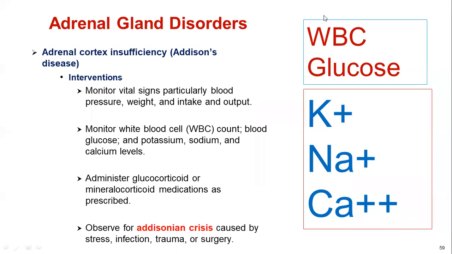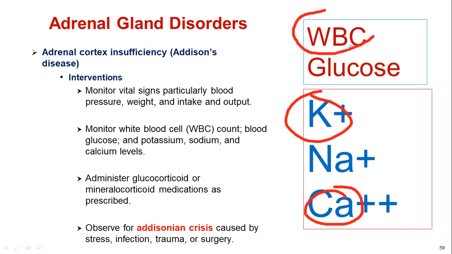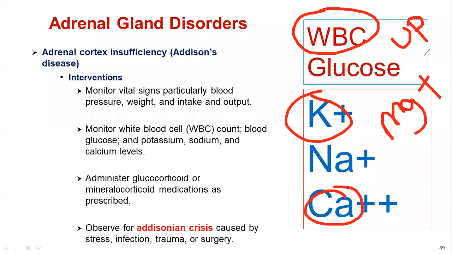So potassium, calcium, WBC, and magnesium, these 4 go up, exceptional.